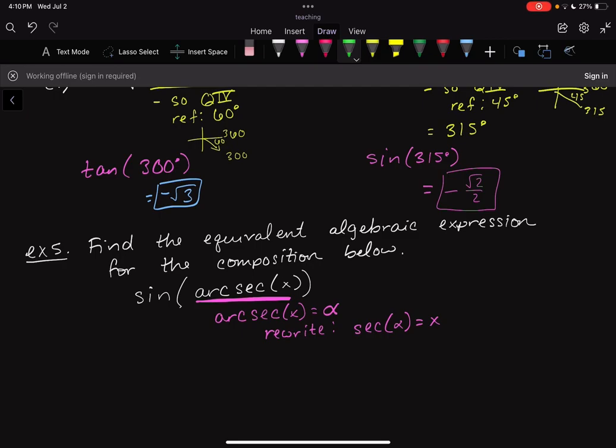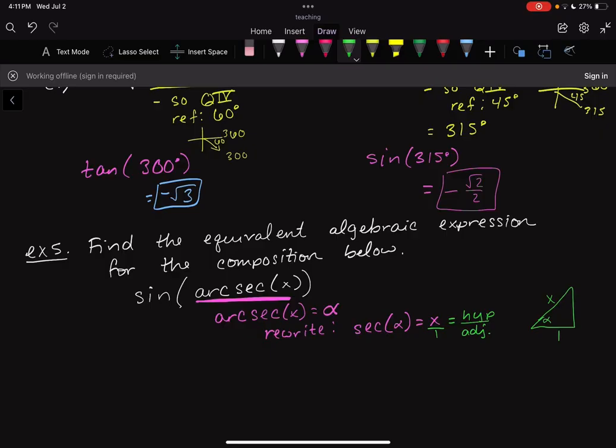Secant is supposed to be equal to hypotenuse over adjacent. Well, I don't see a denominator. However, if you don't see one, that means it's just 1. So I can make a triangle out of this. My angle's alpha, my hypotenuse is x, my adjacent side is 1.